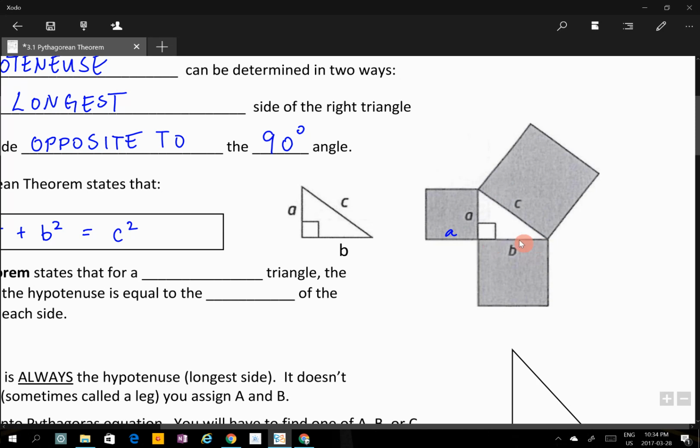Same thing for B. If I made a square around B, making all four sides the same length as this side of the triangle, then the area of this is going to be B squared. So here I have A squared, I have B squared, and the area of this side here, same idea, will be C squared. And it turns out that if I add the area of A squared and B squared, I will get C squared.